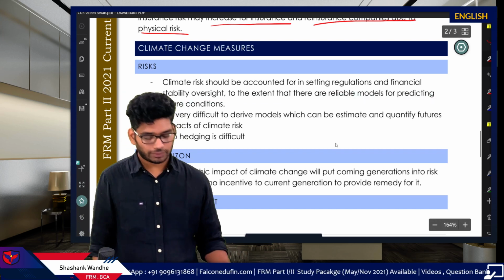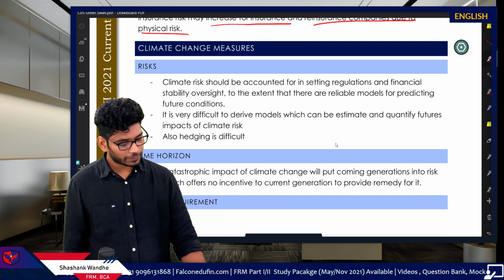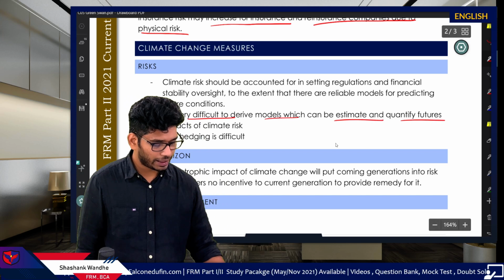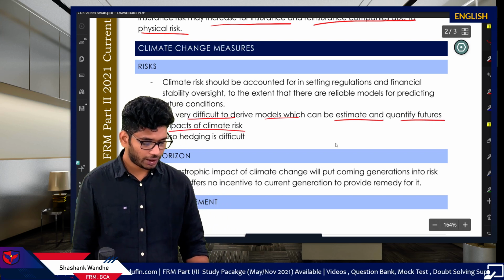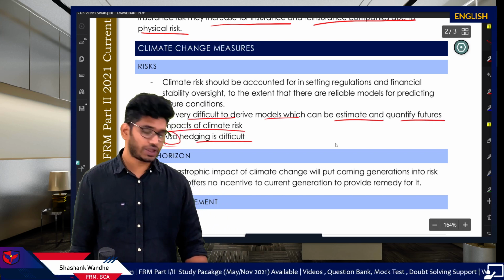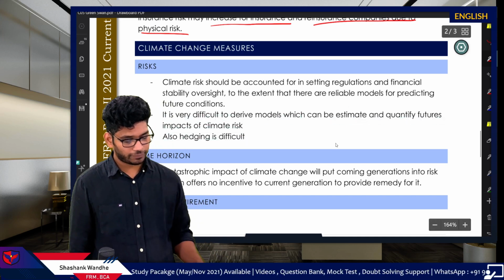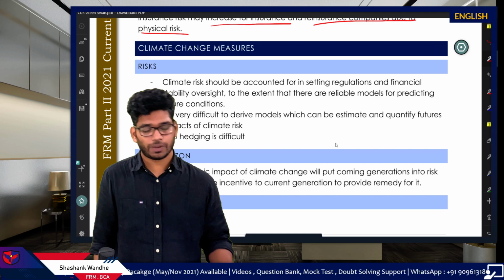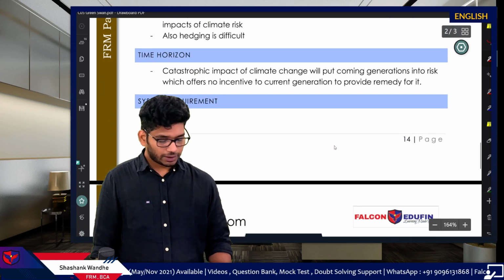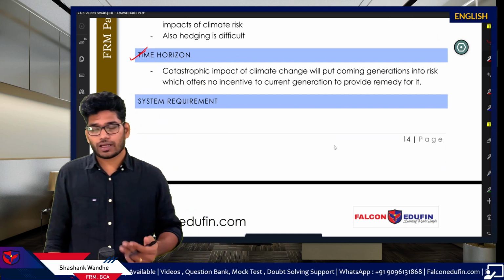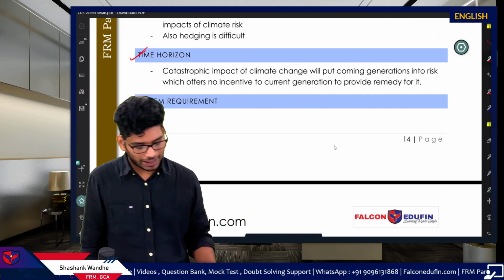And you can't work on such models. It is very difficult to derive models which can estimate and quantify the future impacts of climate risk. And also hedging is difficult. How will you hedge this if you can't quantify it properly? For hedging, you need proper quantification, right? And even if you go for insurance, the insurer will face losses and won't be able to settle the claims. That's the problem.